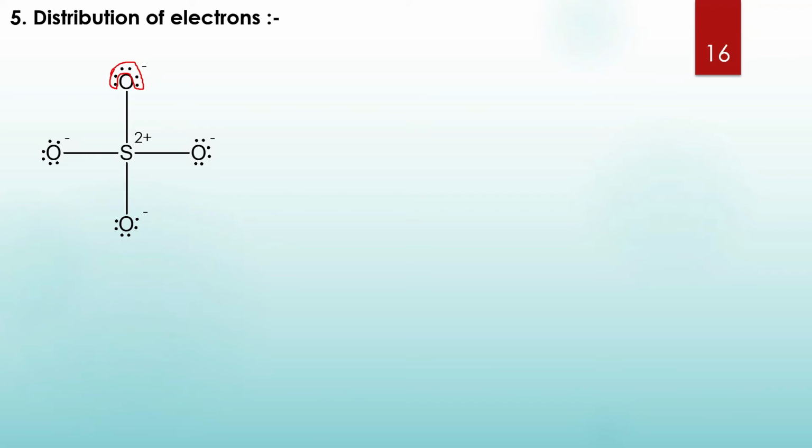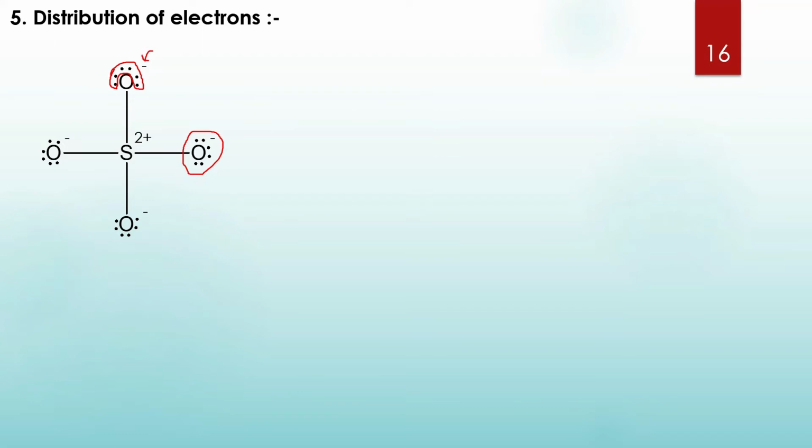In this 1 bond pair, there are 2 electrons, but only 1 belongs to oxygen. So there's 6 plus 1, a total of 7 electrons around oxygen. But in the ground state, oxygen has just 6. So there is 1 excess electron, and to represent that excess electron, I put the formal charge of -1. It's the same case for all the oxygens. You have formal charges of -1 everywhere.